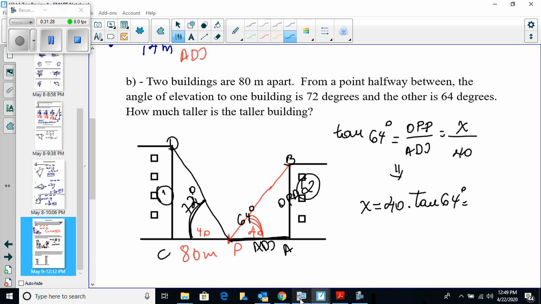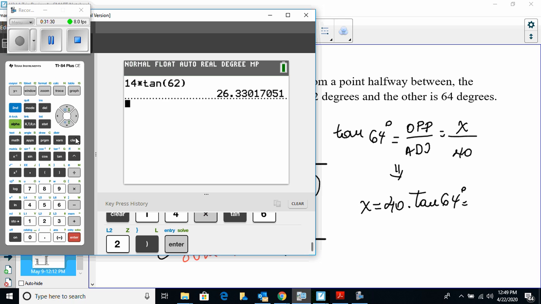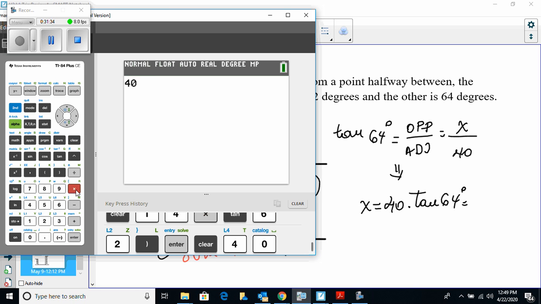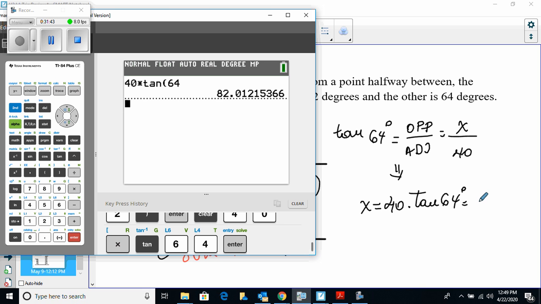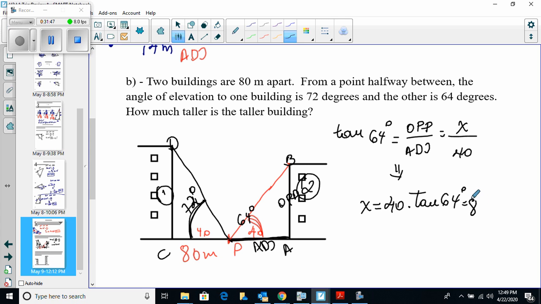And using the calculator, we'll go 40 times tangent 64, making sure that the mode of your calculator is on degree. This will be 82.0 meters.